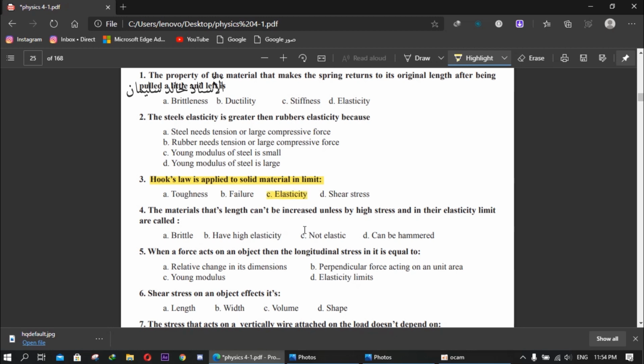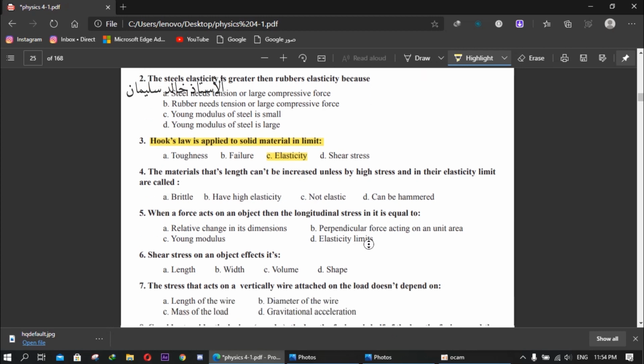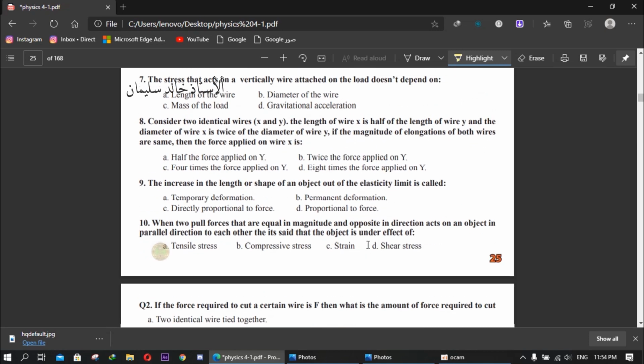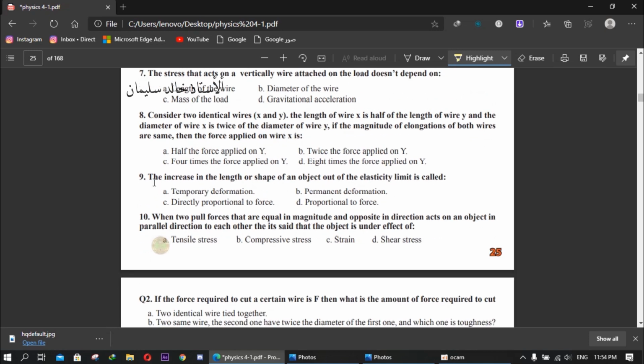The other question is number 9. The increase in the length or shape of an object beyond the elasticity limit is called, the answer is, permanent deformation.